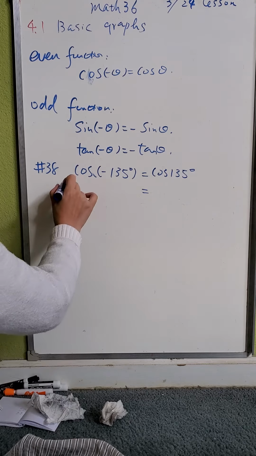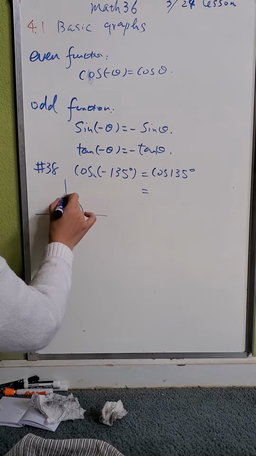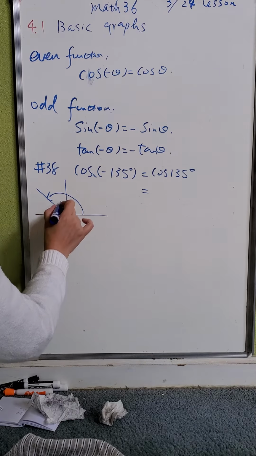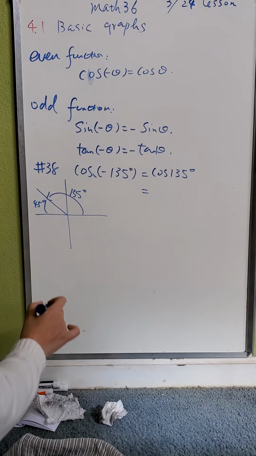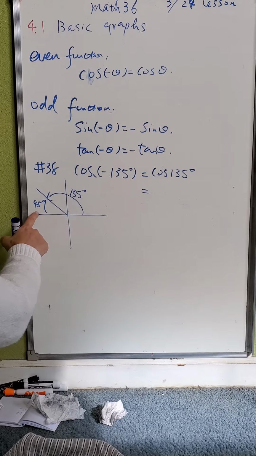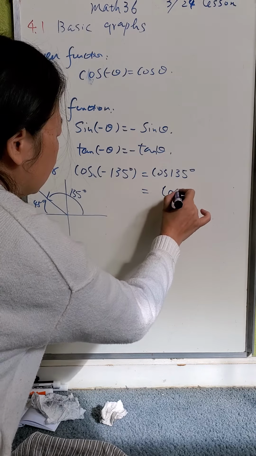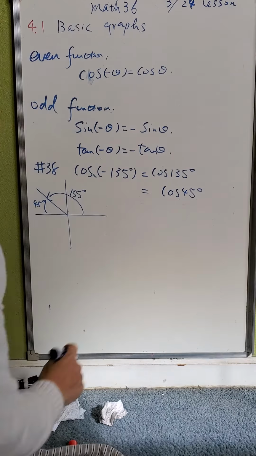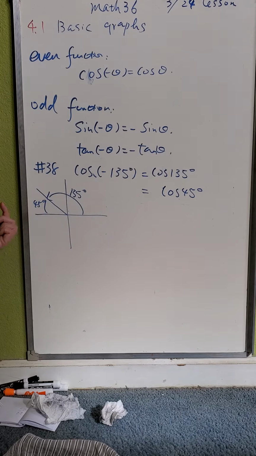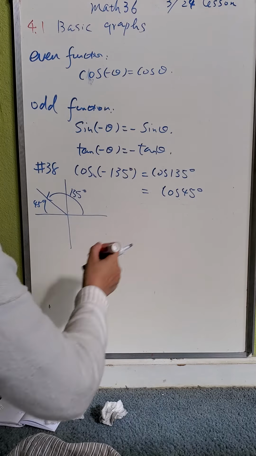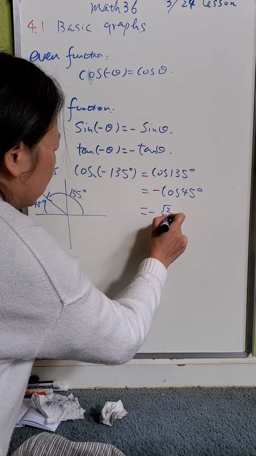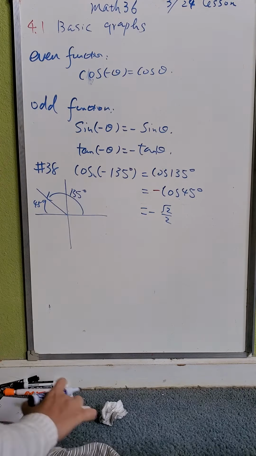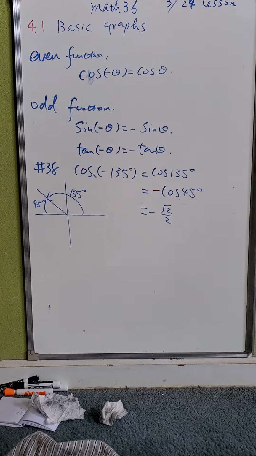And that means cosine 135 is right here, and that's 45. So that's same as cosine 45, because the cosine on this side is negative, so we're going to put a negative sign. So that's same as negative square root 2 over 2. Okay, so that's how you use this even odd function.